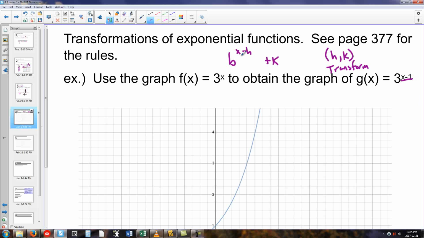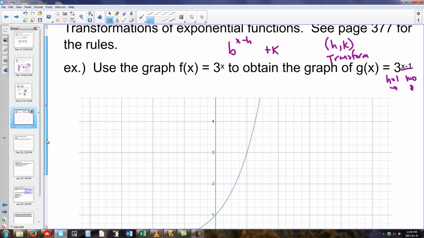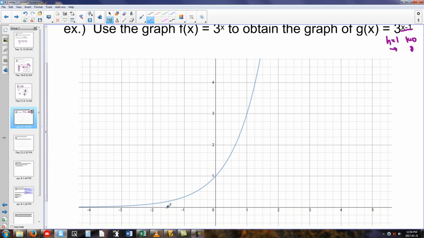That tells me that I'm doing x minus 1, so in this case h would equal 1. K, there is no plus something or minus something at the end of the equation, so k would be 0, meaning that I'm going to go right 1 space and up and down 0. Okay? I'm not going to move up and down, but I will move to the right 1 space. So if I look at this example problem, I could take this point right here and come 1 to the right.